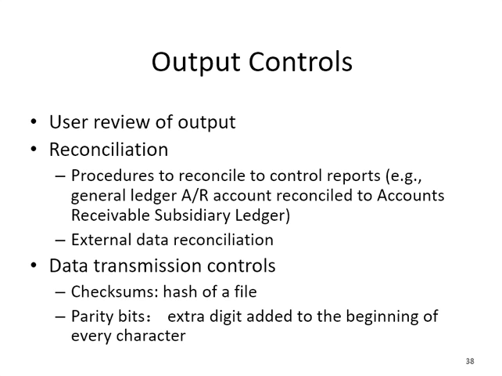Data transmission control. Files are transmitted in the network. So to make sure the file received is the same as the file they sent, we need to have data transmission controls.